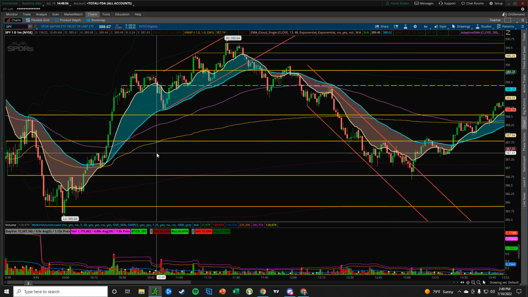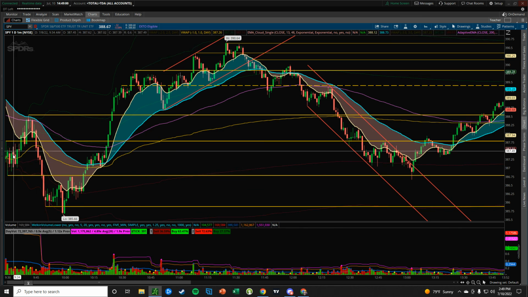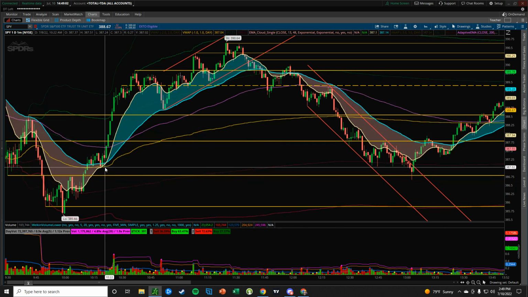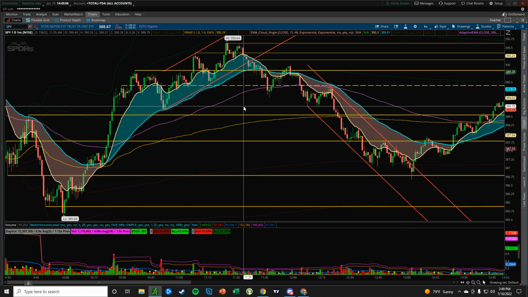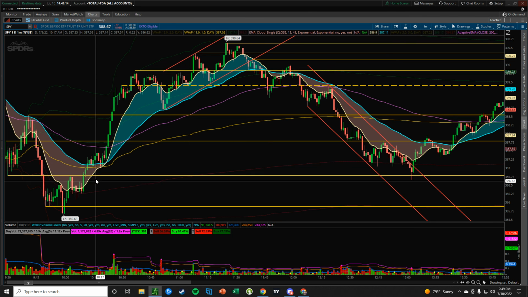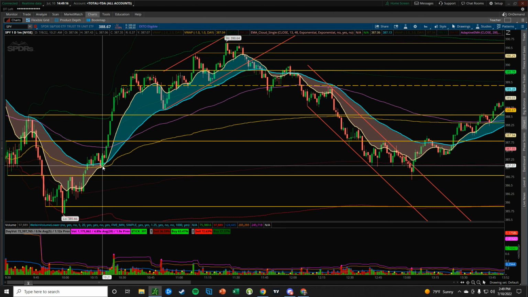Because here's the thing about indicators. They're only going to aggregate information that has already happened. But to actually place a trade, we're making a bet on what's going to happen, not what has already happened. I mean, that's old news. That's done with. The most relevant information is going to be the most immediate bar to the right.